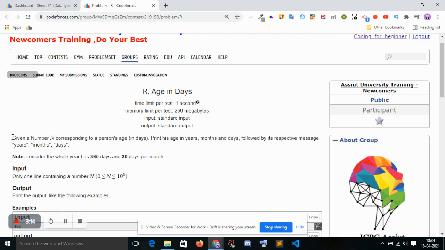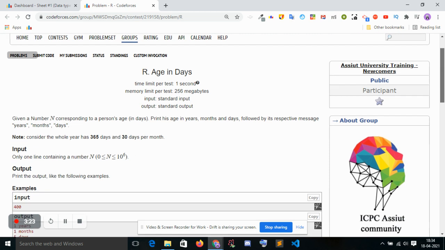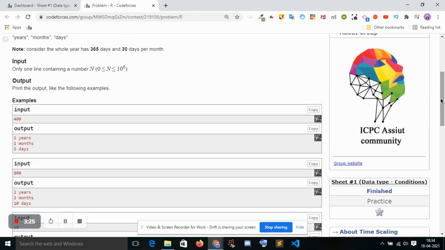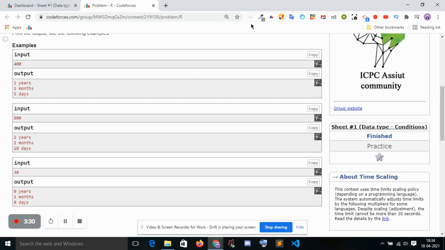So ages in days: given a number n corresponding to a person's age, print this age in years, months and days followed by its respective message. Consider the whole year as 365 days and 30 days per month. So the number I have given is 400.